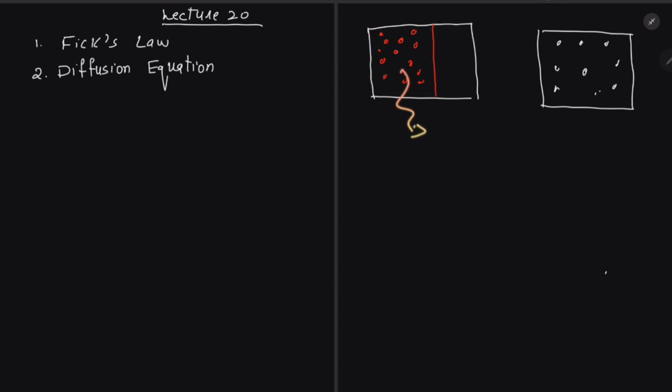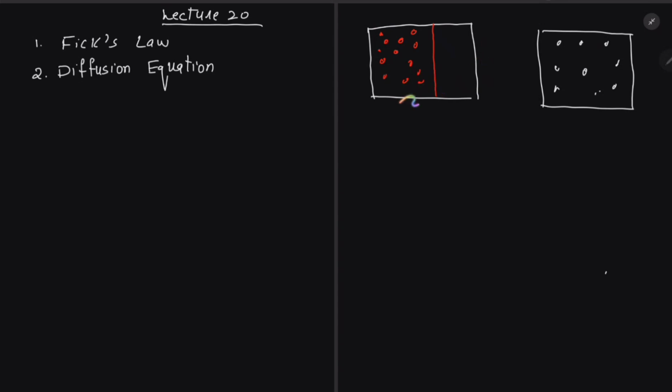These are particles. These remain there, and this is a closed lid. The particles cannot move towards the right until I open the lid. As I open the lid, the particles will scatter in all of this container. How do we represent this? This is called the concentration.